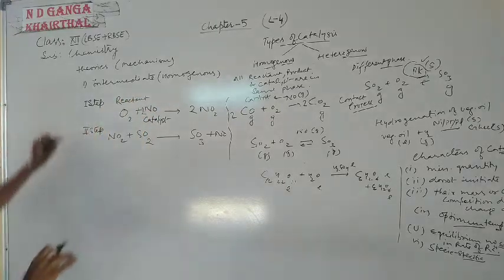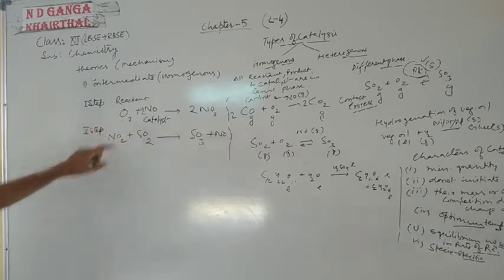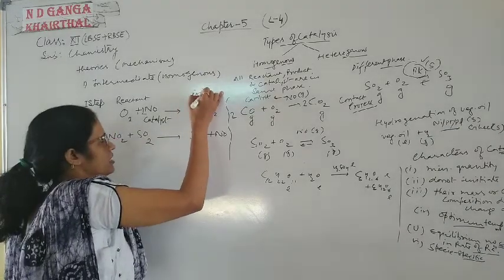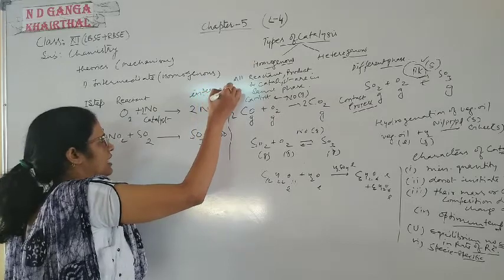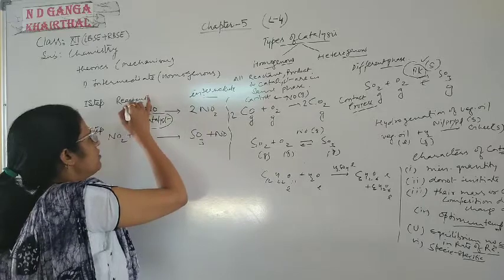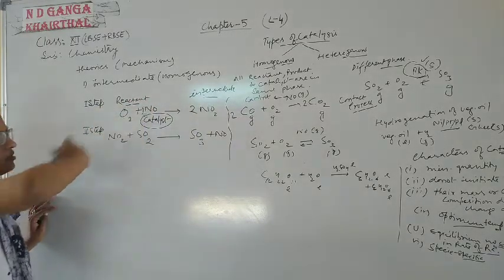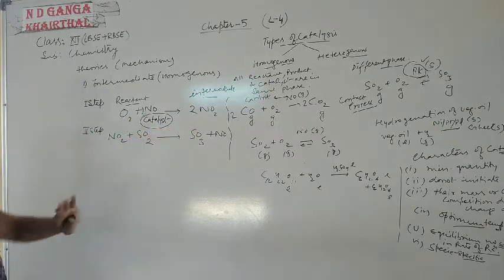So in the first step, what is going on? The catalyst forms an intermediate with the help of a reactant. Means the catalyst absorbs on this reactant and forms an intermediate.